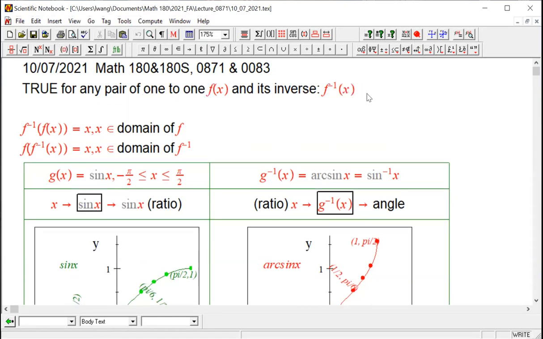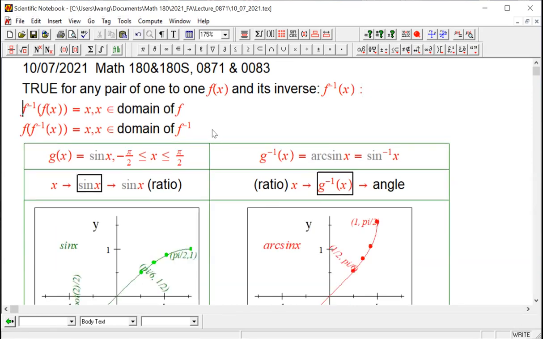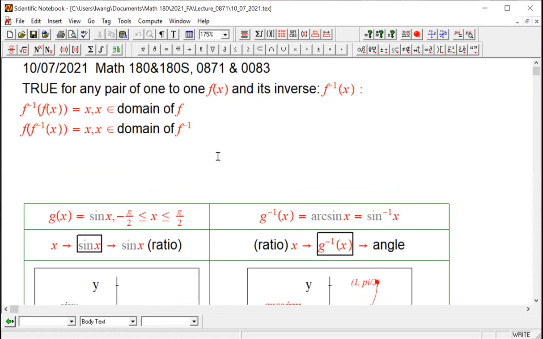And the following is true. Of course, there's no exception in our case. In our case, it's still true.